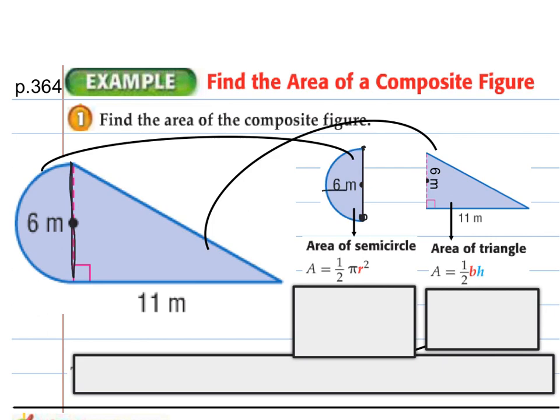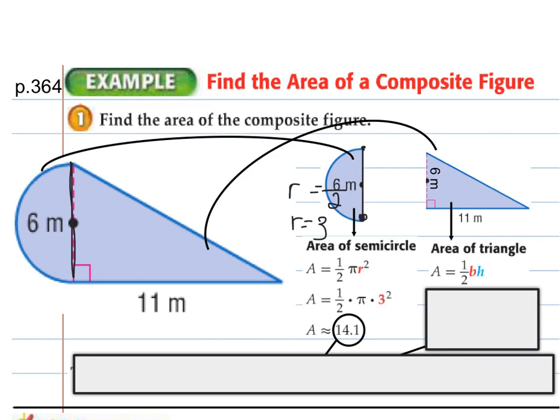So I'm going to have to divide this diameter by 2 to get the radius, and the radius is 3. So plugging that radius into my area formula, I'm going to have 1/2 pi times 3 squared, which when we plug that in and we round it to the nearest tenth, we get 14 and 1/10. So the area of the semicircle is 14 and 1/10.